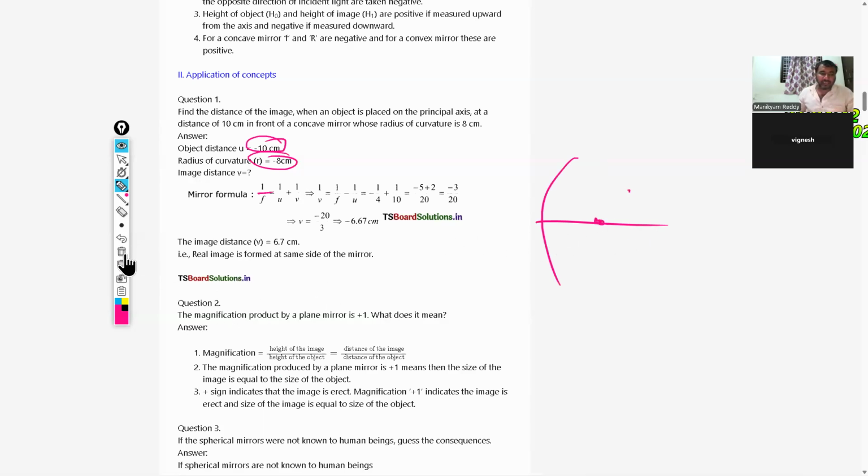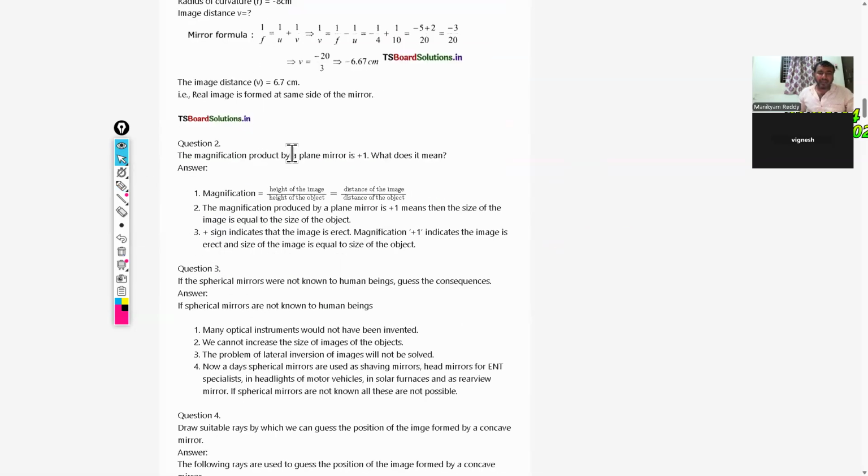Now the next question: the magnification produced by a plane mirror is plus 1. What does it mean? Plus 1 means erect image, and minus 1 means inverted image. The magnification formula is height of the image by height of the object equal to minus v by u.